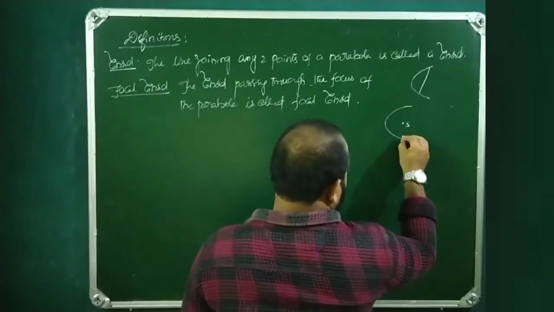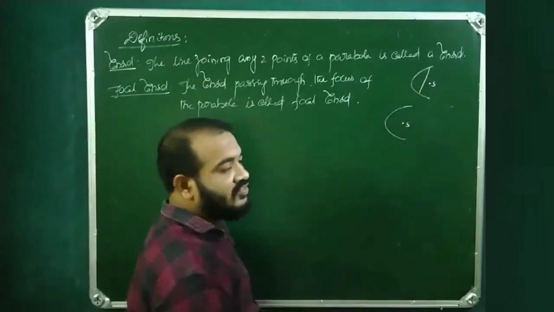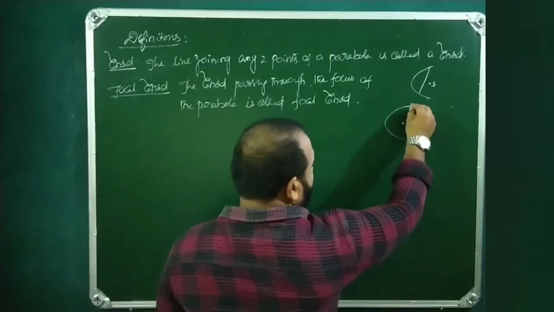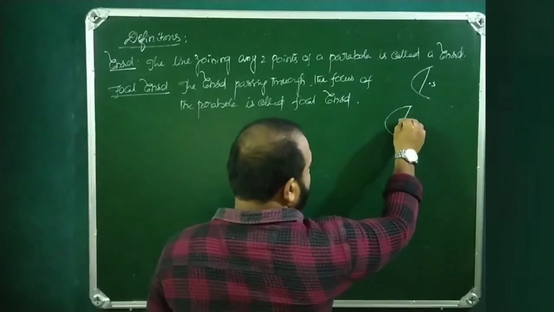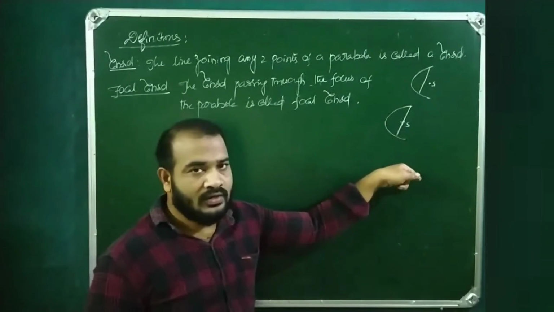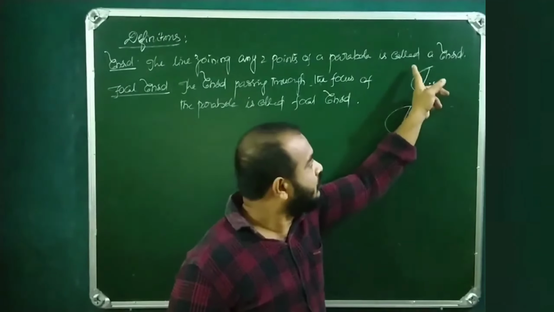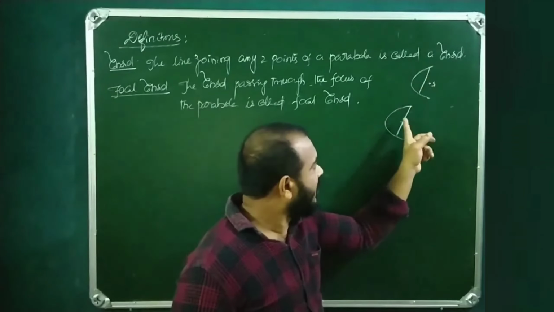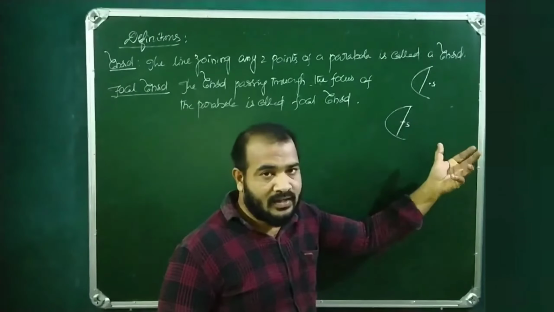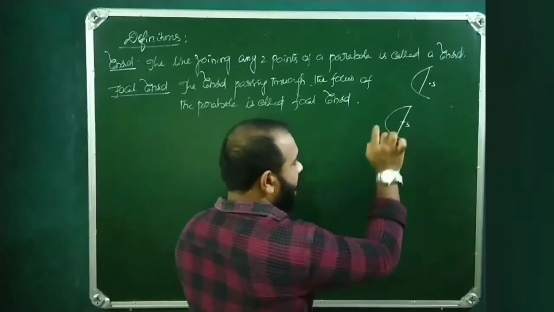Earlier, this chord was not passing through the focus. That is a chord. Now the chord passing through the focus, this is the focal chord. Like these chords, an infinite number of chords can be drawn. Likewise, passing through the focus, there can be an infinite number of focal chords if you draw like this.